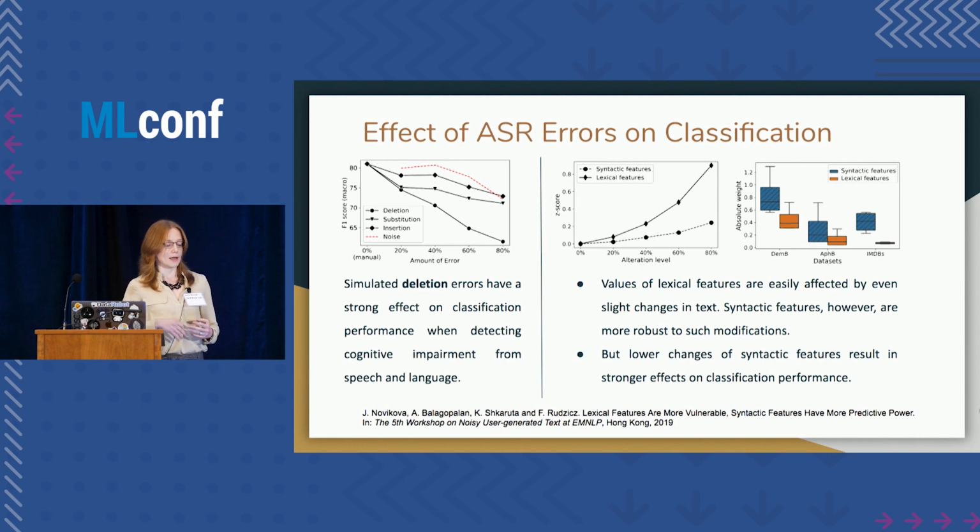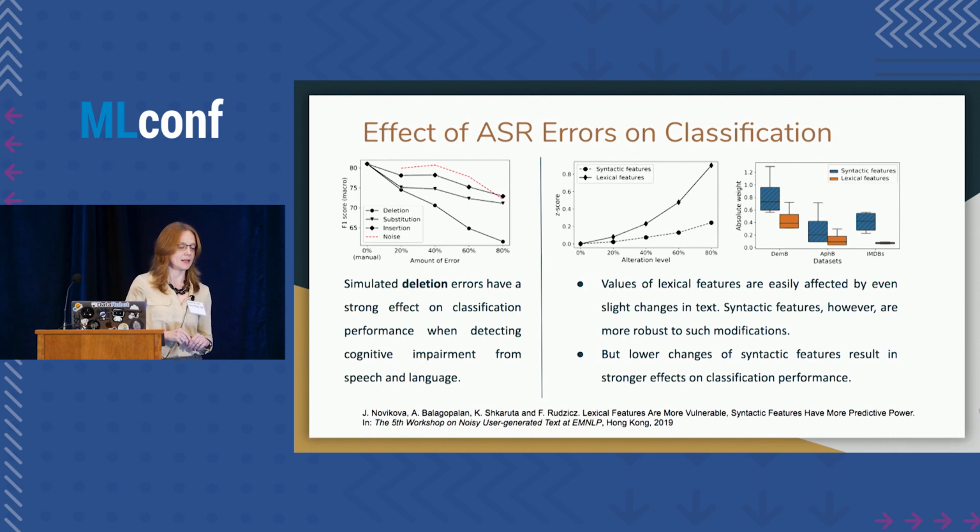Interestingly, the added insertion and substitution errors did not significantly affect the performance, and the effect was similar to just adding random noise of that same error level. The level of noise is shown in red, and the levels of substitutions and insertions are the two upper lines in this graph.